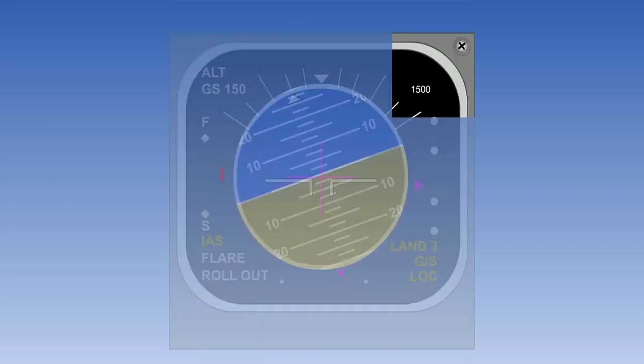Radio altitude is displayed on the screen below 2,500 feet. As mentioned earlier, it may be presented in differing formats. A common format is illustrated here. Between 2,500 feet and 1,000 feet above ground level, the radio altitude is digitally displayed.